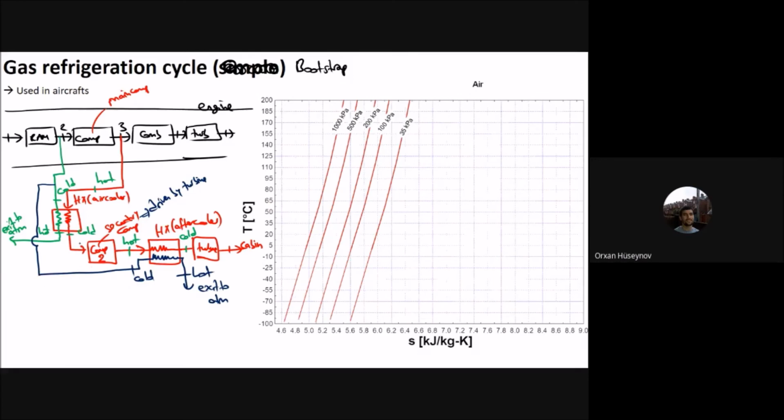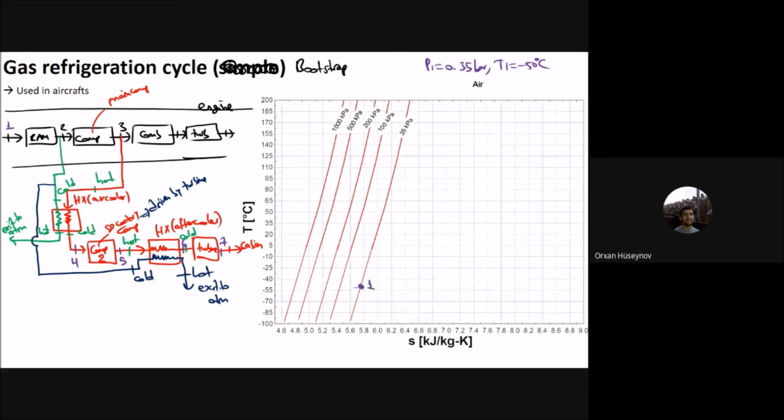You will have 4, then 5, then 6, and then 7. Similarly to the previous one, I will have 1 here. So P1 will be 0.35 bars, and T1 is negative 50 degrees Celsius. Let's just use it. I will start from that part.